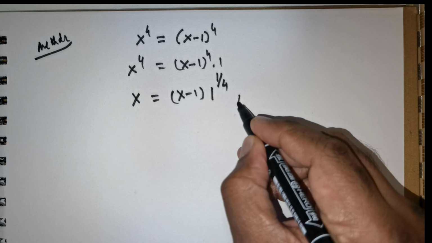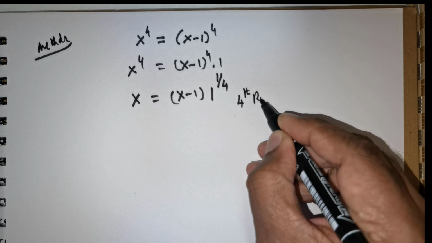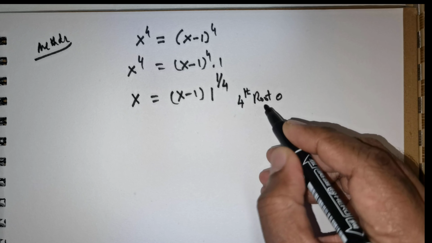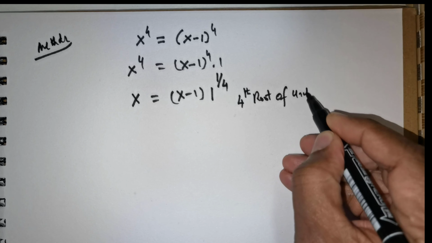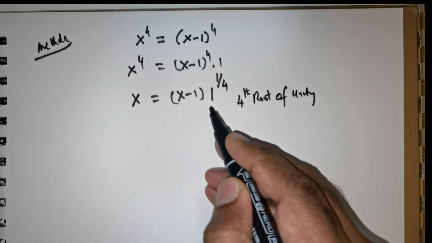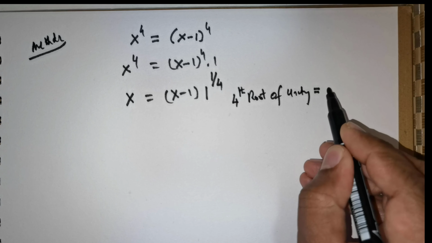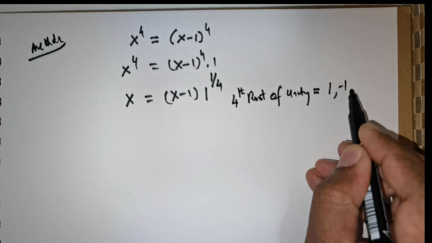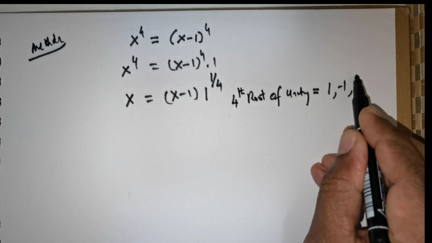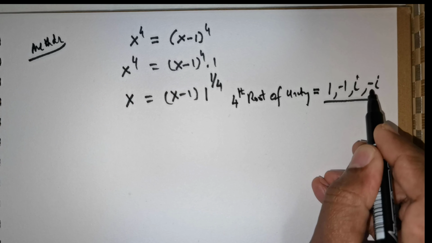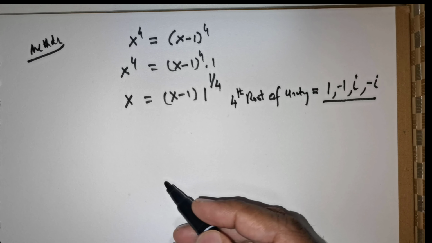Now we know the fourth roots of unity, in this case unity is 1, and they are 1, -1, i and -i. So this is the value for the fourth root of unity.